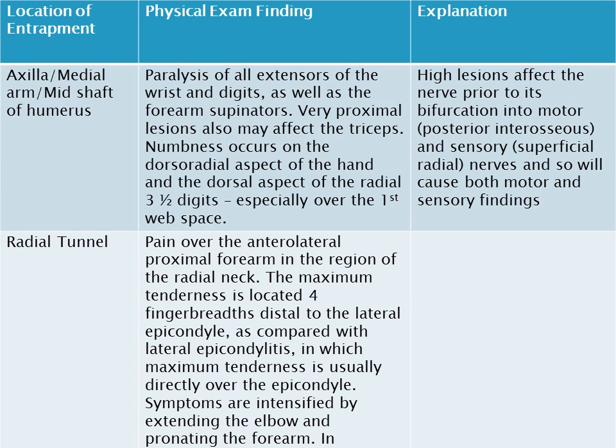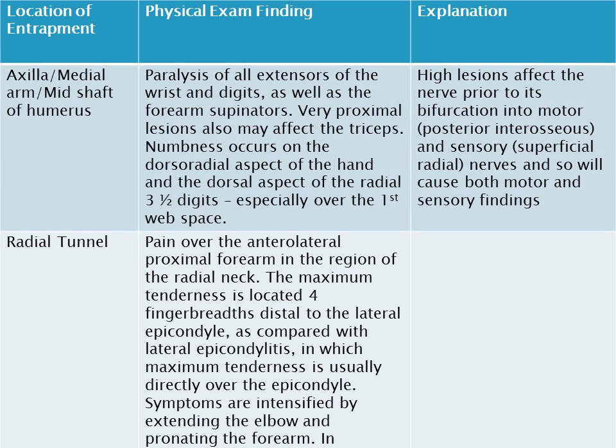Recall that the motor branch is the posterior interosseous nerve, and the sensory branch is the superficial radial nerve. And so with high lesions, we're going to find both motor and sensory findings.